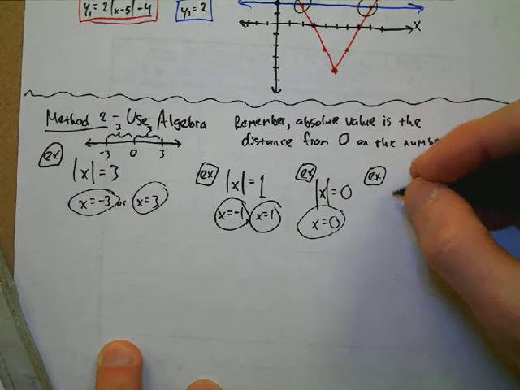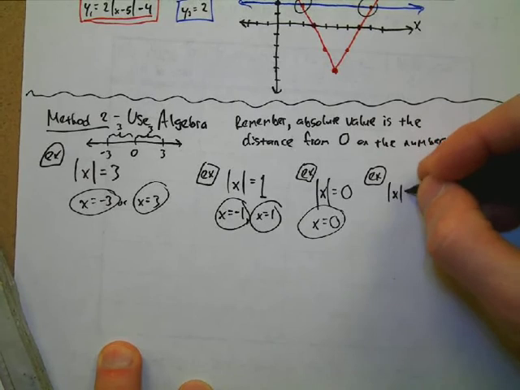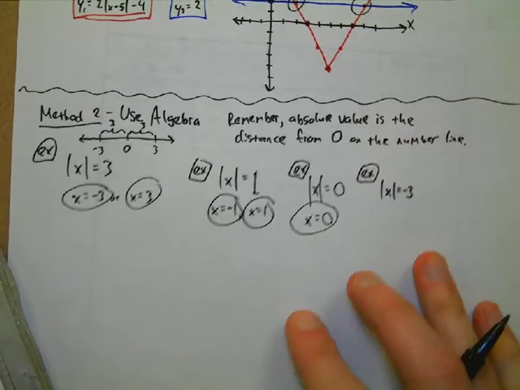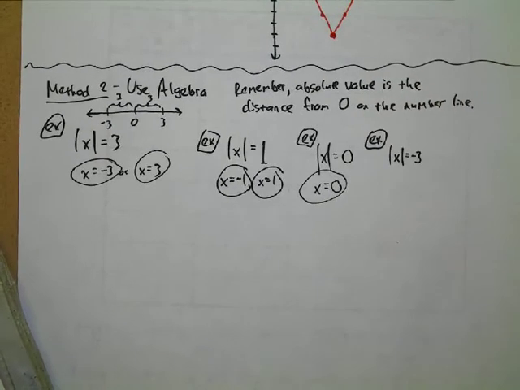Let me throw another one at you here. How about the absolute value of x equals -3? What's the answer for this equation?